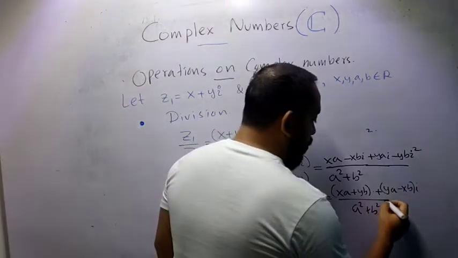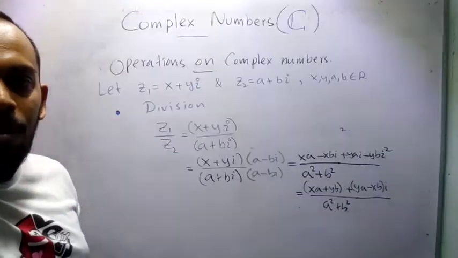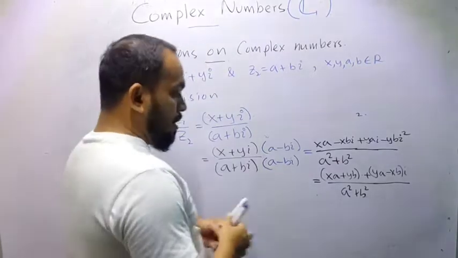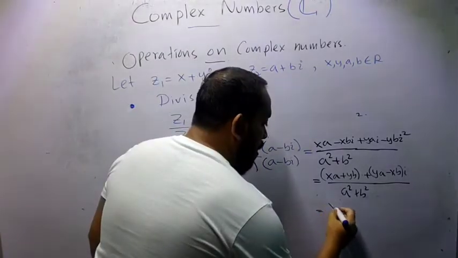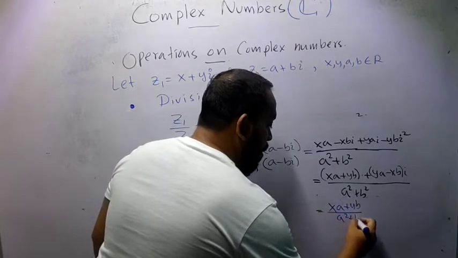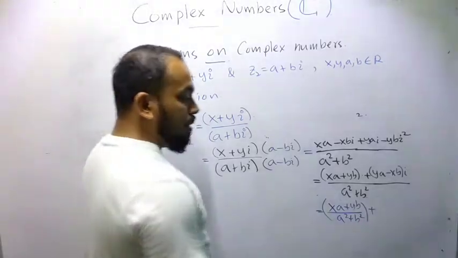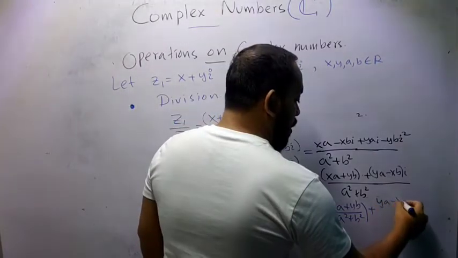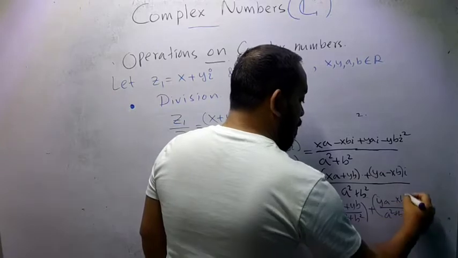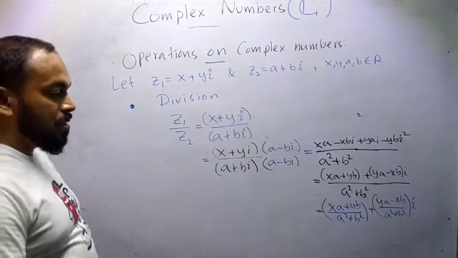This still doesn't look like the Cartesian representation of a complex number, so I'm going to separate it out. If I separate it out, then xa plus yb over a squared plus b squared is the real number, and ya minus xb over a squared plus b squared is our imaginary number.